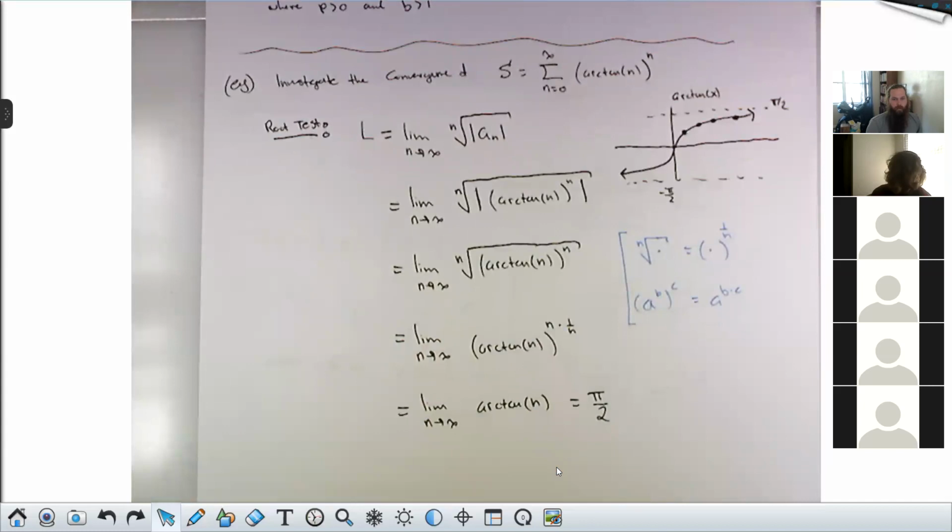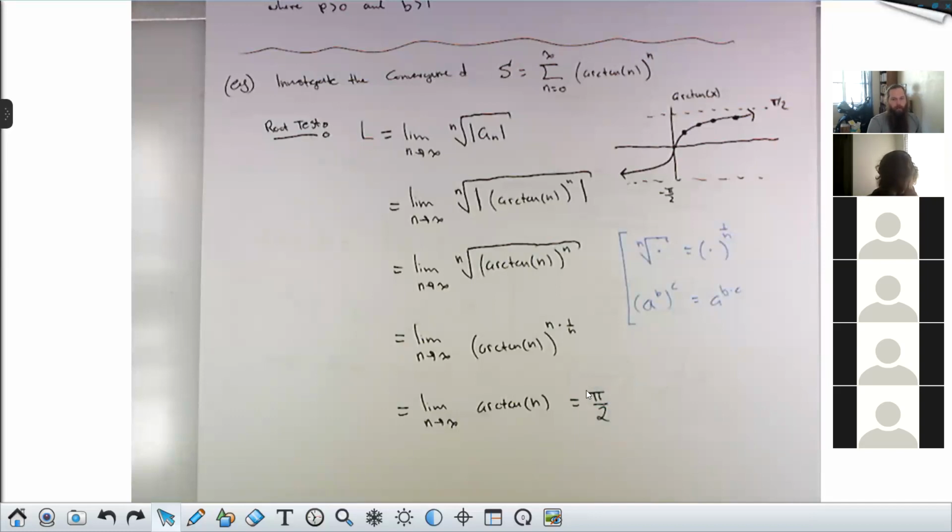So the last thing we need to know before we can say whether this series converges or diverges is whether pi over 2 is bigger or smaller than 1. It is larger than 1, right? Because pi is a little bit bigger than 3.